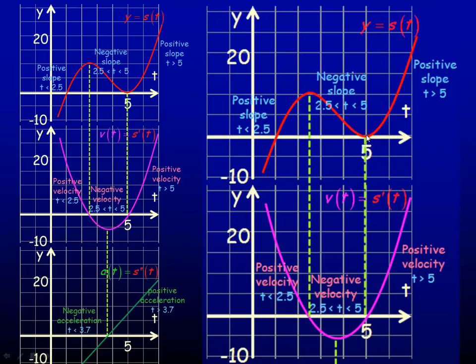This is another point where the tangent line would be horizontal. It doesn't matter that it touches the t-axis, just that the tangent line is horizontal there. So if the tangent line is horizontal for a displacement function, that means the rate that displacement is changing is 0. So that's why the velocity is 0 there. And then we're back to a positive slope again, in which case for the velocity it's a positive velocity again. So that's some of the connections between displacement functions and velocity functions.